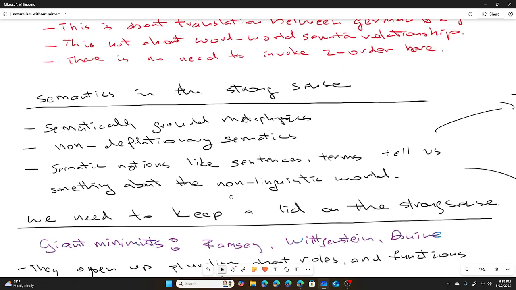So, if I say the cat is on the mat, that's a sentence that I just said, right? My sentence, the cat is on the mat. What makes this sentence true is that there is indeed a cat in the world and it is on the mat.